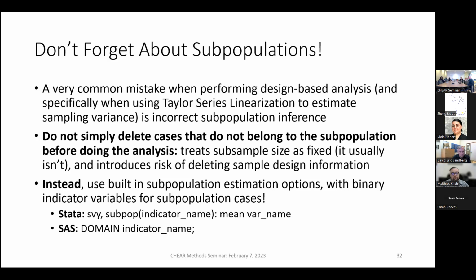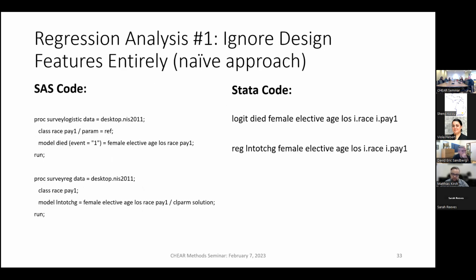And in SAS, you add a line that says domain and then the name of your indicator variable. Okay, so again, it's simple to account for this. The key is that you just start by creating that indicator variable in your full data set first, and then specifying it to the procedures using one of these techniques in SAS or Stata. And different software handles this in different ways. The key thing is just to define that binary indicator first.